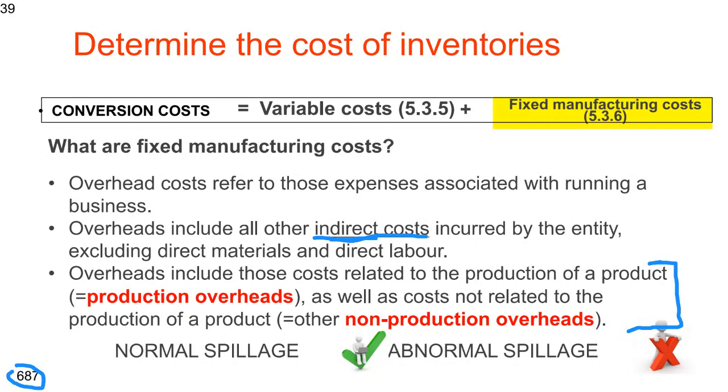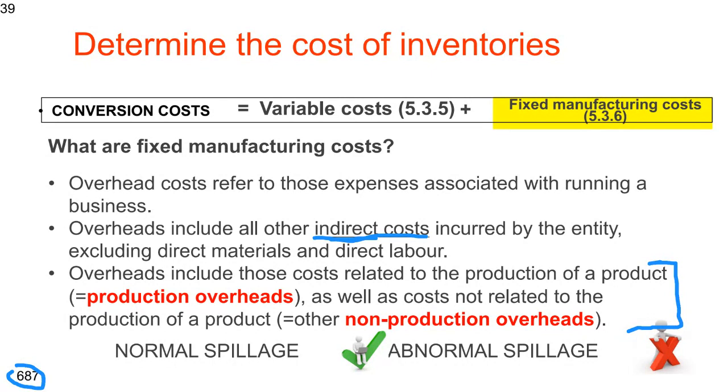These costs are not related at all to production. So they're not even indirect. They're just not related, right? So there's three levels of directness. We've got direct costs, indirect costs, and then non-production costs, which are not related at all, right? And so these costs that are not related at all are not included in the value of inventory.